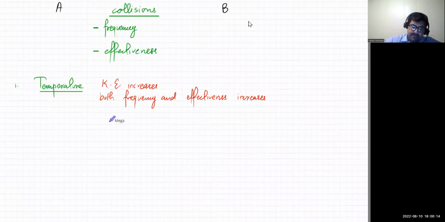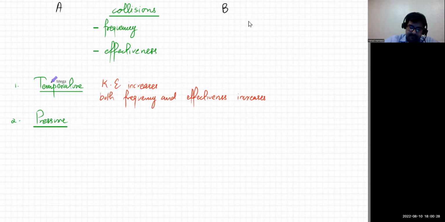So that's temperature. Temperature is universally applied. Second one, what happens if you increase pressure? And remember, pressure only affects gases. Do you get more frequent collisions or do you get more effective collisions?